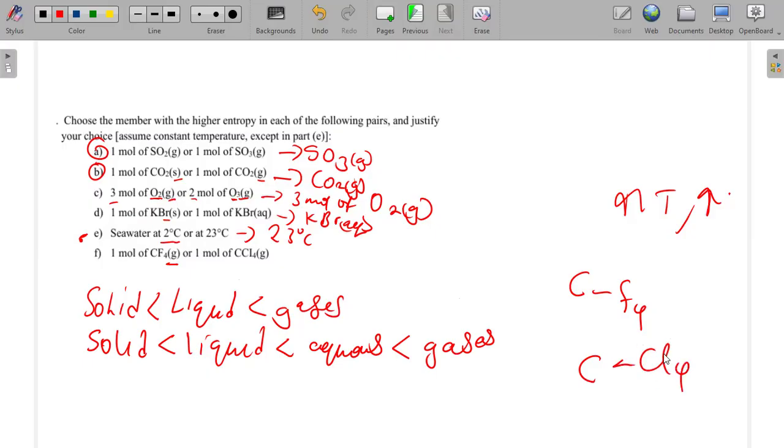We have to ask ourselves, between chlorine and fluorine, which one has greater molecular mass? Chlorine has the greater molecular mass compared to fluorine. So we follow the one with greater molecular mass, which is carbon attached to chlorine.